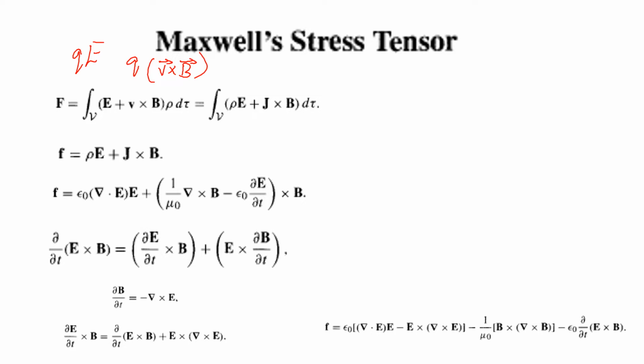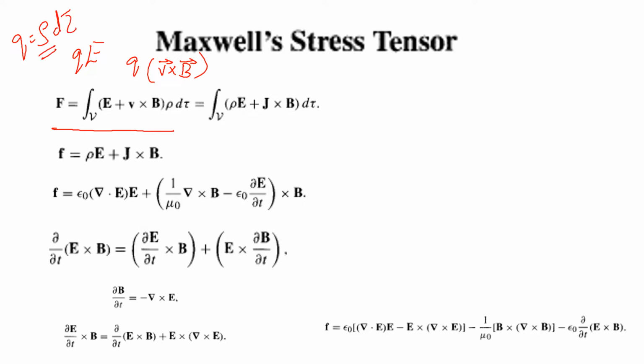So the total force can be represented by F equal to the integral over the volume of QE plus Q V cross B. But we can write Q as rho times d tau.